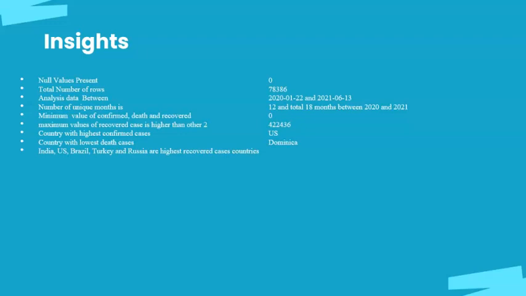The maximum value of recovered cases is higher than the other 2 cases, at 4,22,436. The country with the highest confirmed cases is US. The country with the lowest death cases is Dominica. And finally India, US, Brazil, Turkey and Russia are the highest recovered cases countries.